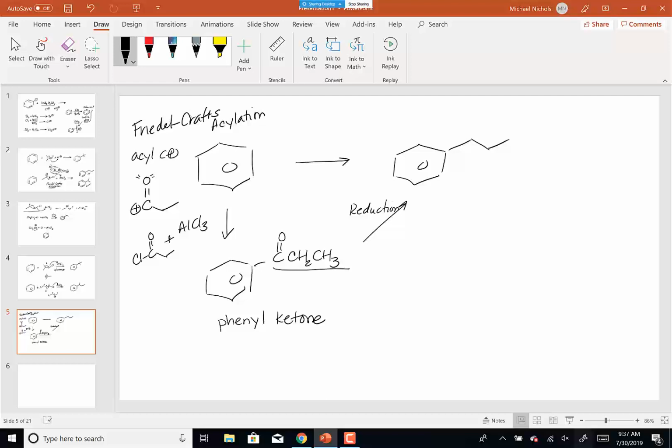Aluminum trichloride reacts with moisture in the air and it basically kills it. For iron(III) bromide, FeBr3 is a purple color, and FeBr3 that's been killed with water is a yellow color. So I know when I've got good FeBr3 because it's nice and purple.